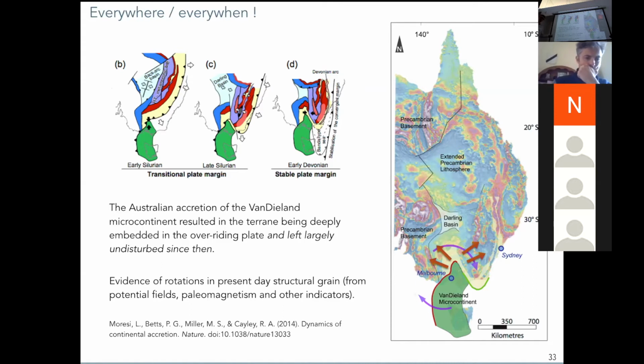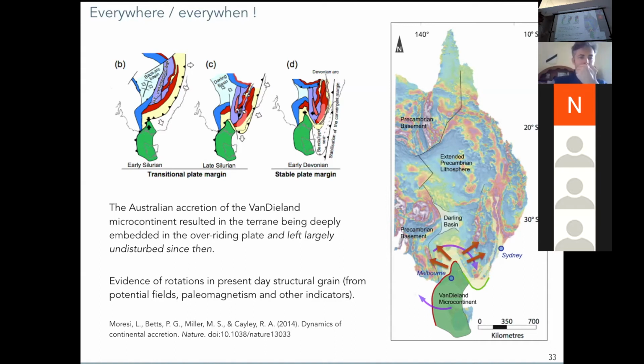So he came to that conclusion by looking at the geometry and the deformation indicators in the system and the potential field geophysics. We came to it by doing mechanical models, and when we talked to each other, we realized that perhaps some of what we're seeing in our models will be applicable to microcontinent accretion.